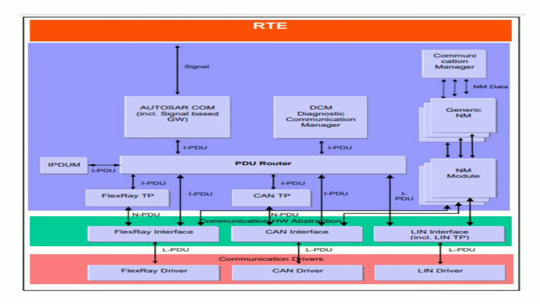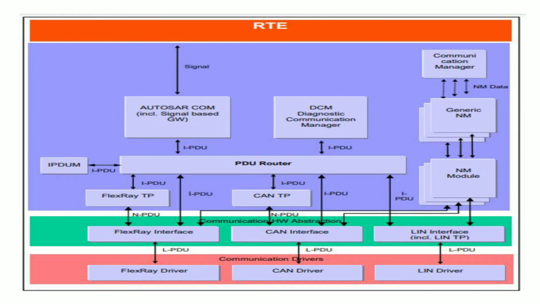All the PDUs in the service layer are called I-PDUs, and once the protocol data unit moves from the service layer to the ECU abstraction layer, these are called NPDUs, that means network PDUs. Once this network PDU reaches the MCU or the hardware abstraction layer, we call it LPDU, low level PDU.